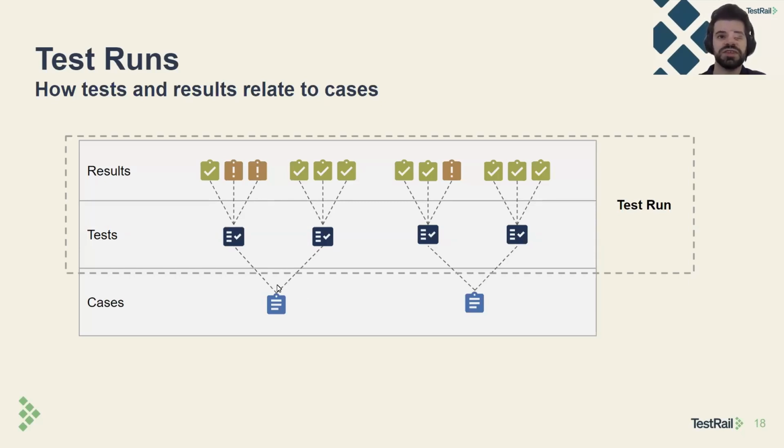And then it works as a template, which is expanded into multiple tests using test runs. So for instance, if you have a test run, you can execute this test case, and you can have multiple results for the test case. So this is how cases relate to tests and to results. But tests only exist inside test runs, as well as results, and this is their relationship.